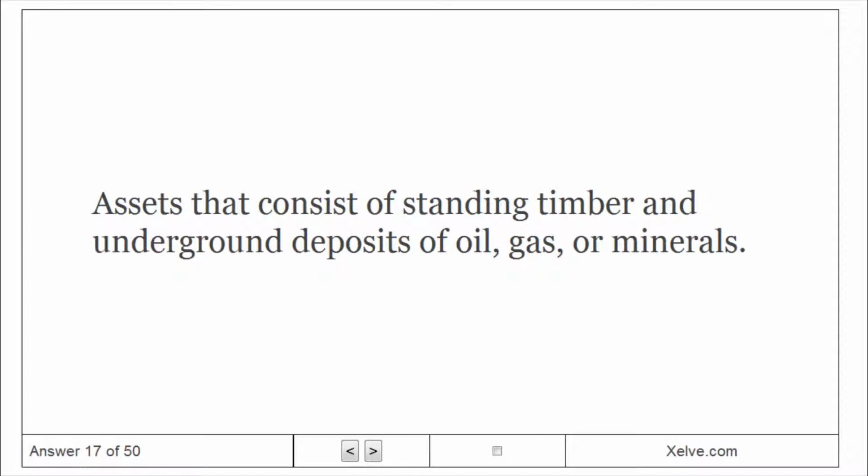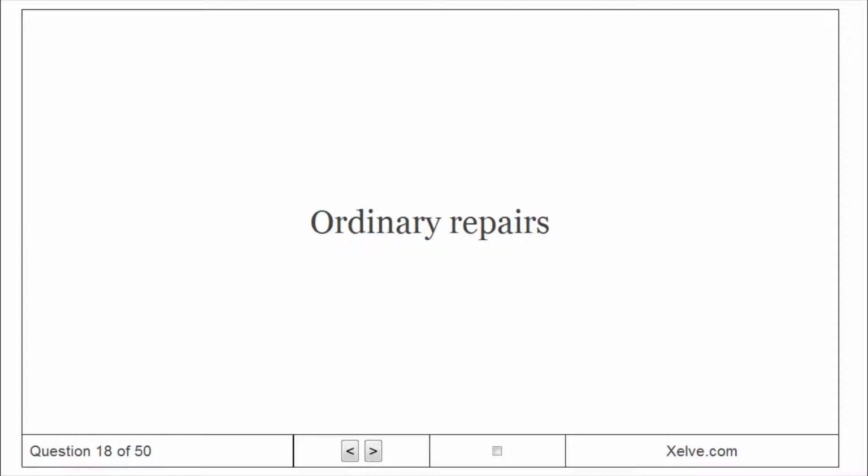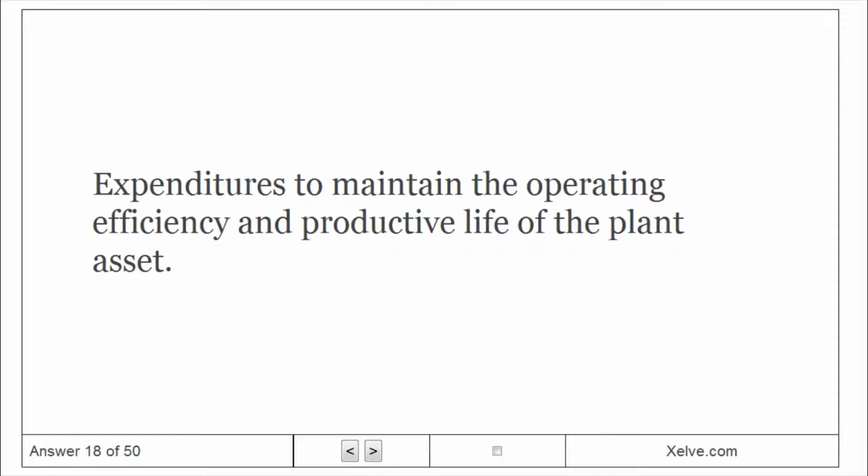Assets that consist of standing timber and underground deposits of oil, gas, or minerals. Ordinary repairs. Expenditures to maintain the operating efficiency and productive life of the plant asset.